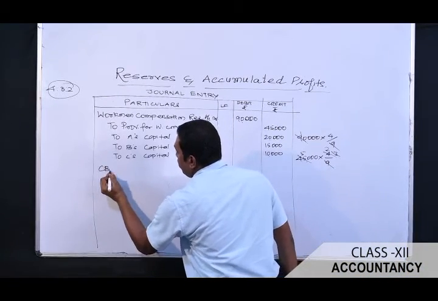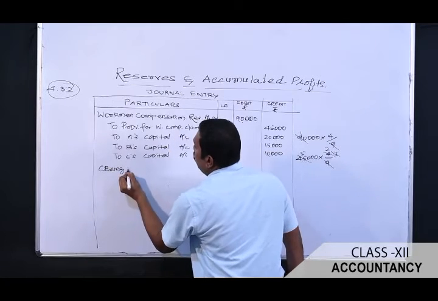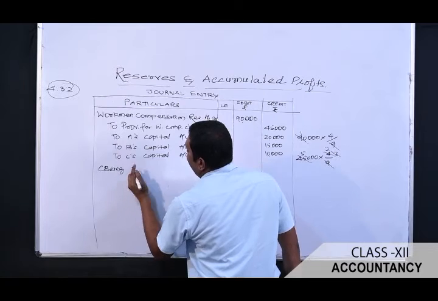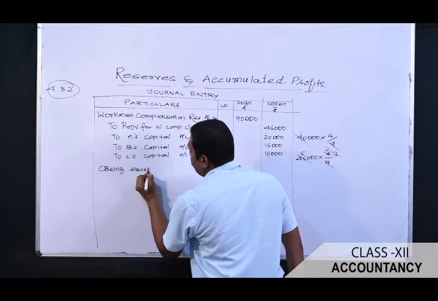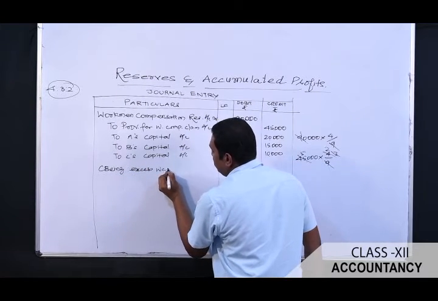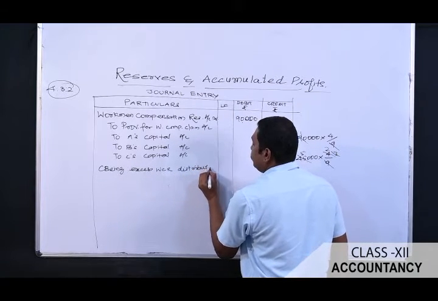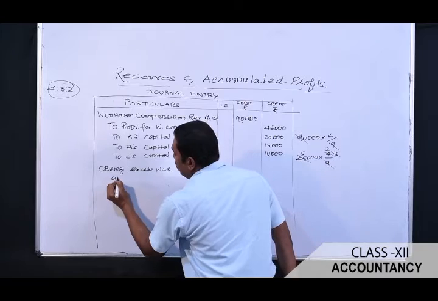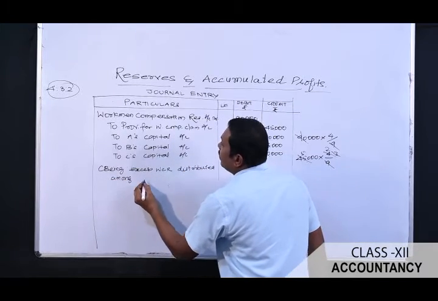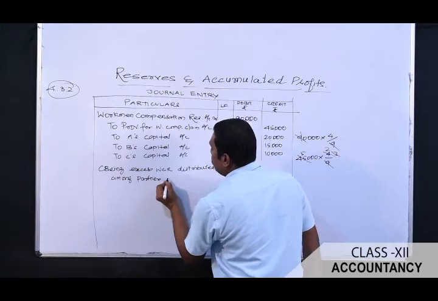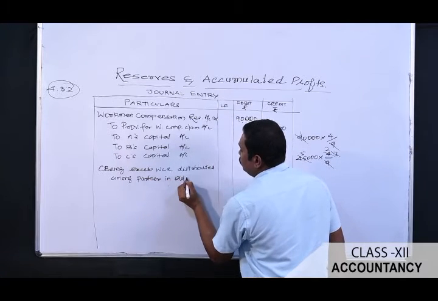Being workman compensation, being excess workman compensation reserve distributed among partners in old ratio.